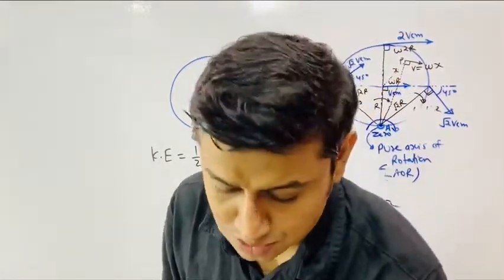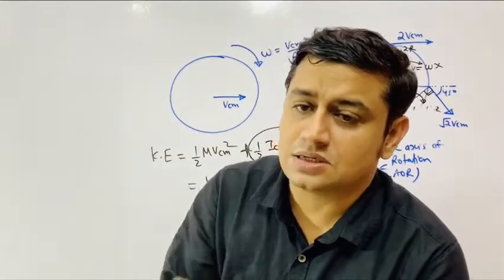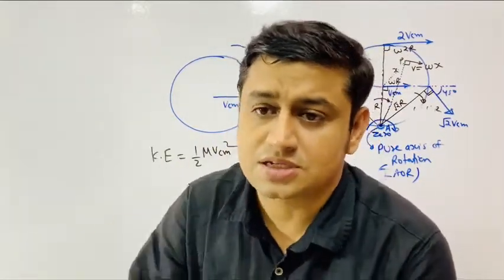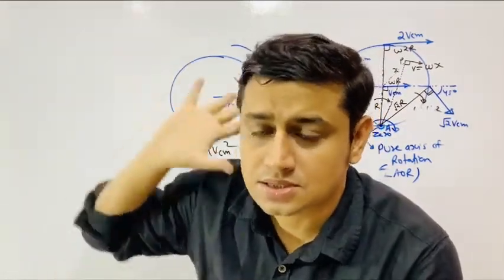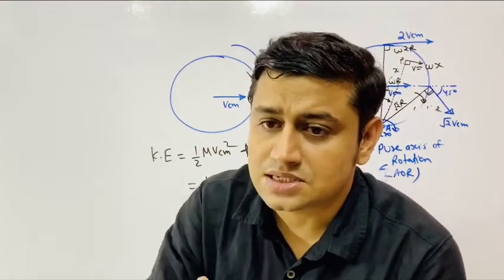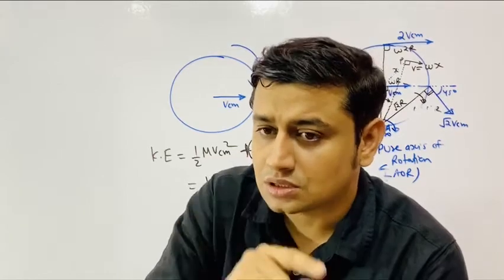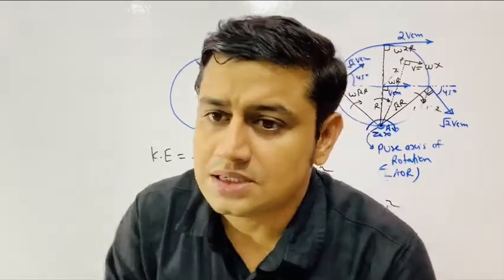Any combined translational and rotational motion is always and always purely rotational motion about some axis. That axis is called the instantaneous axis of rotation, and if you can get to that, you can easily solve questions.